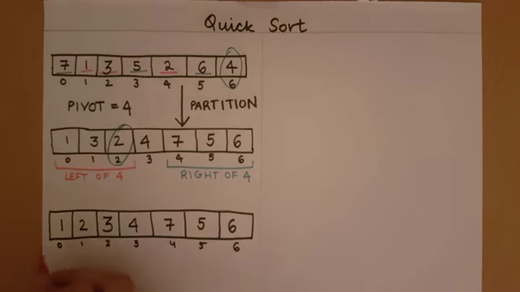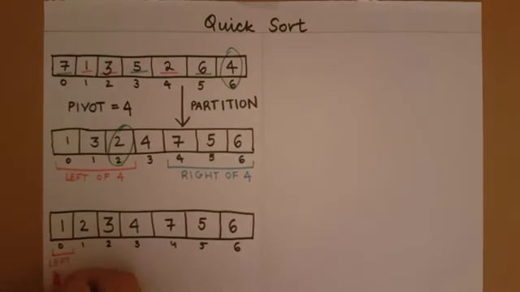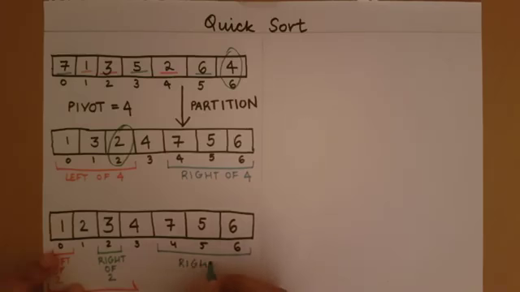So over here, we are going to get a sub-array which is the left of 2, and we are going to get a sub-array which is the right of 2. This entire array is the left of 4. And this array remains the right of 4.